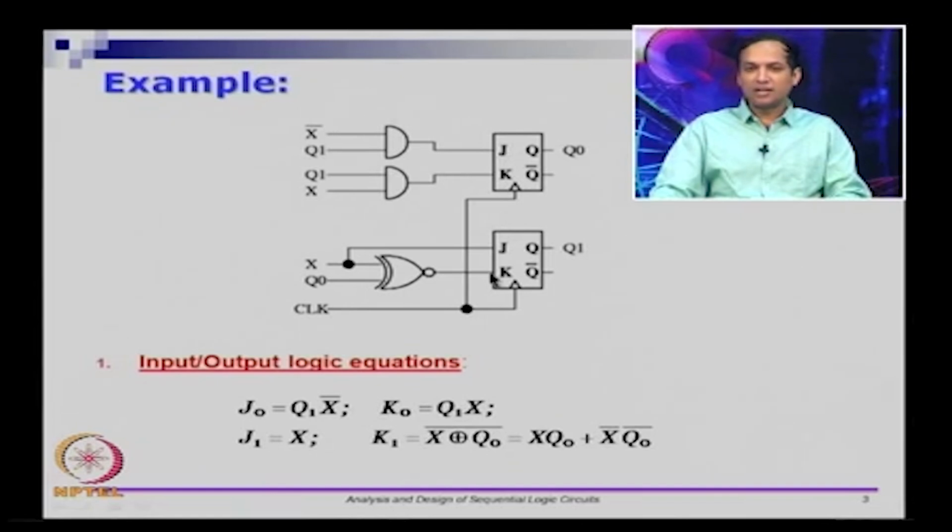So based on J and K, Q0 and Q1 will change in the next state. So if you supply the current state here, then this logic takes care of forming the next state, and when the clock pulse comes in, the next state gets registered. There is no output forming logic here. Q0 and Q1 are directly given as output. So these are just wires, there are no gates there.